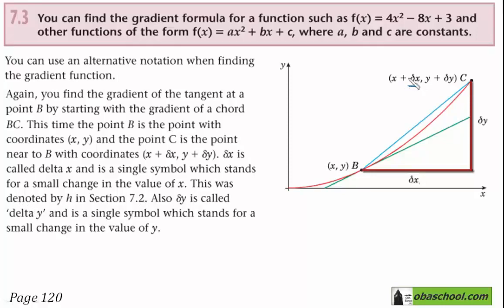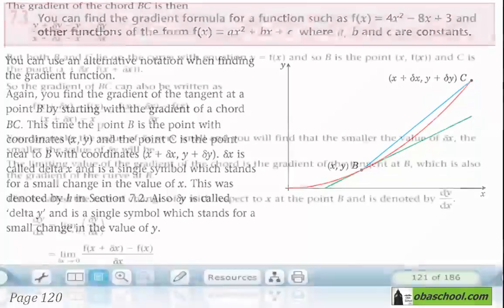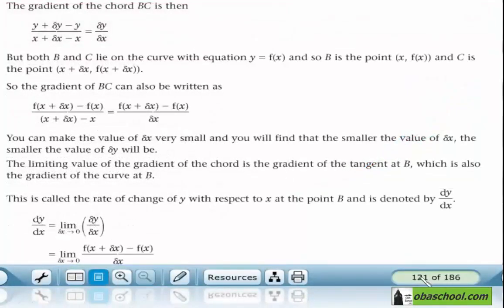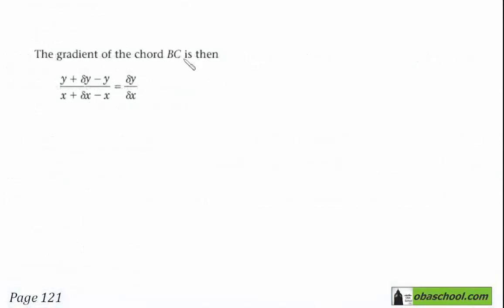This was denoted by h in section 7.2. Thus, now we replaced h by delta x or delta y. Also, delta y is a single symbol which stands for a small change in the value of y. So it's important when we have y coordinates to use delta y instead of h, and when we have x coordinates we use delta x instead of h.